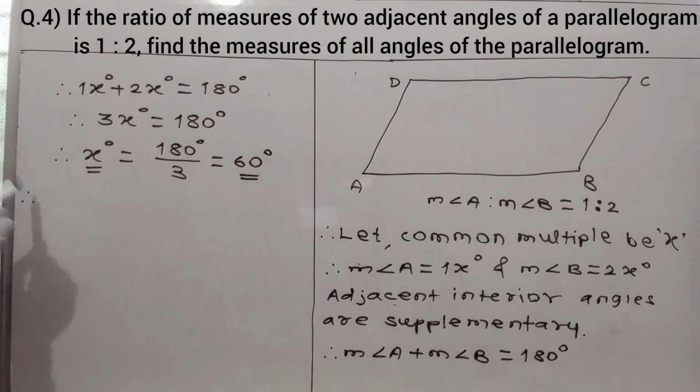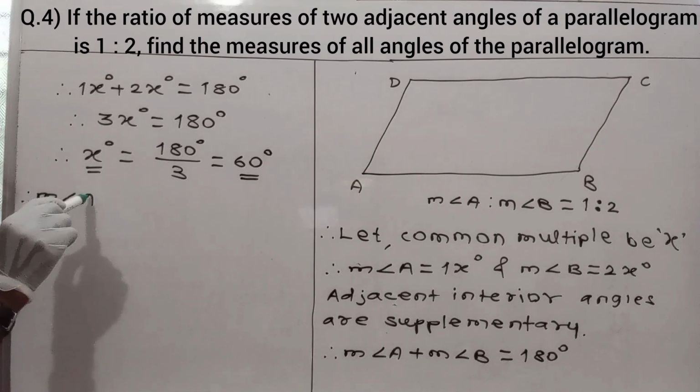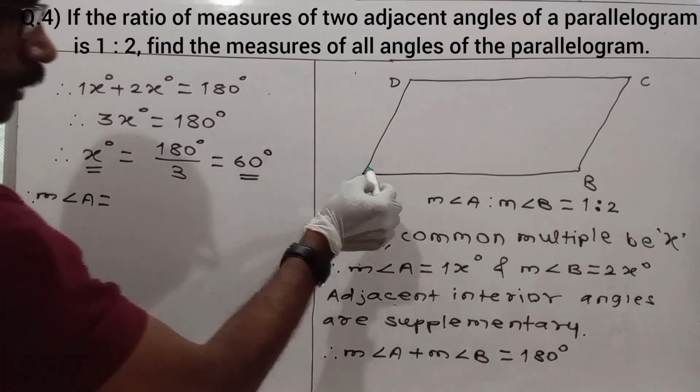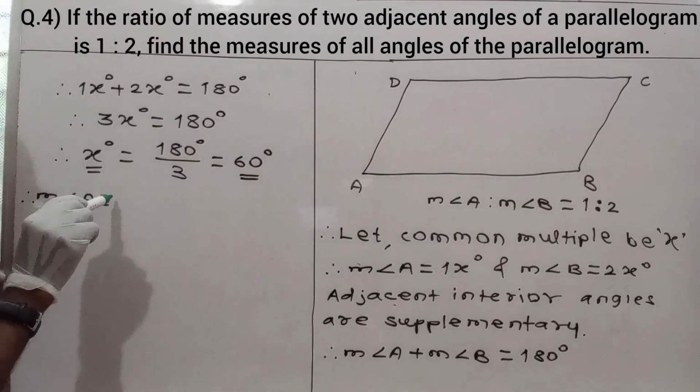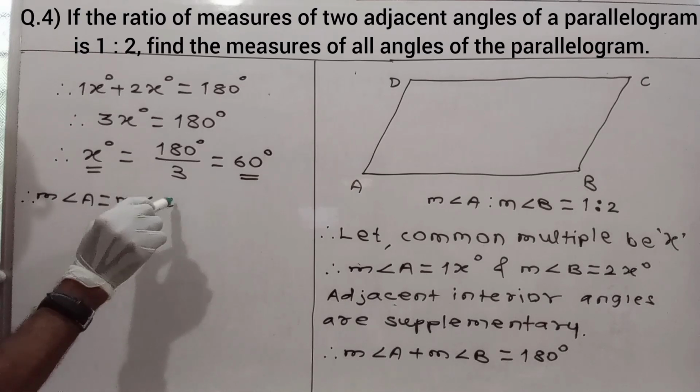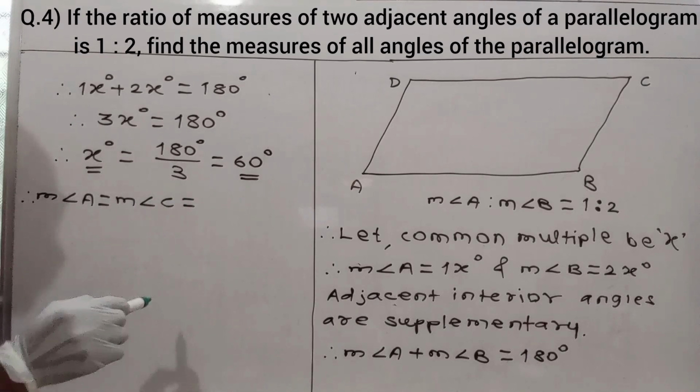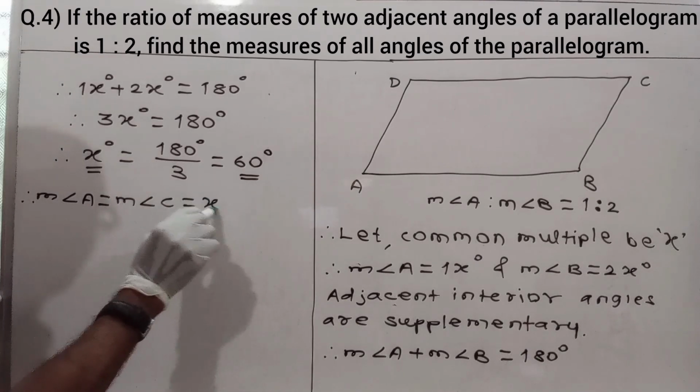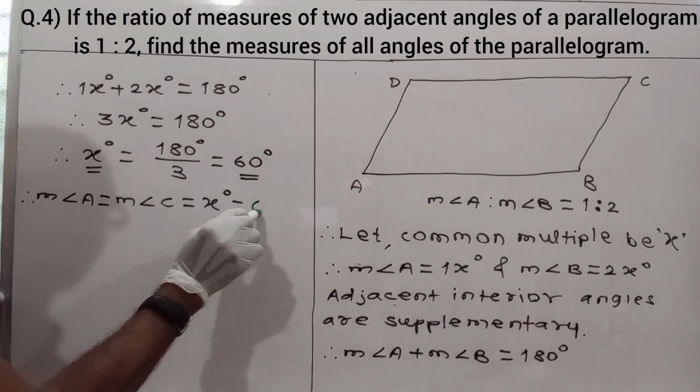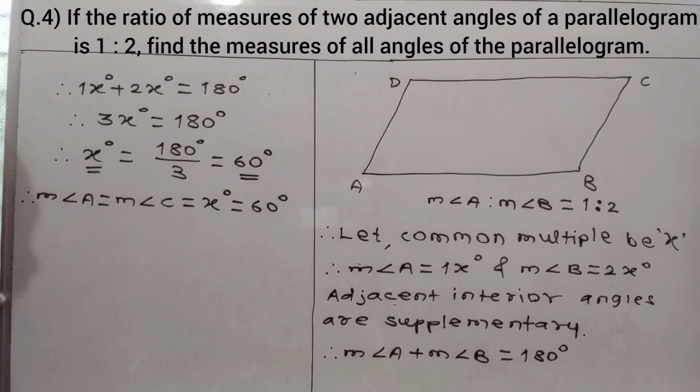Okay, therefore, see here, measure angle A. Measure angle A is equal to measure angle C because these are opposite angles. X degree is equal to 60 degree. Did you get it?